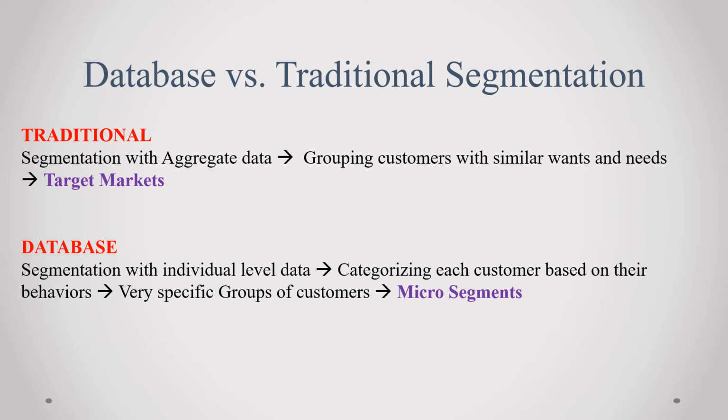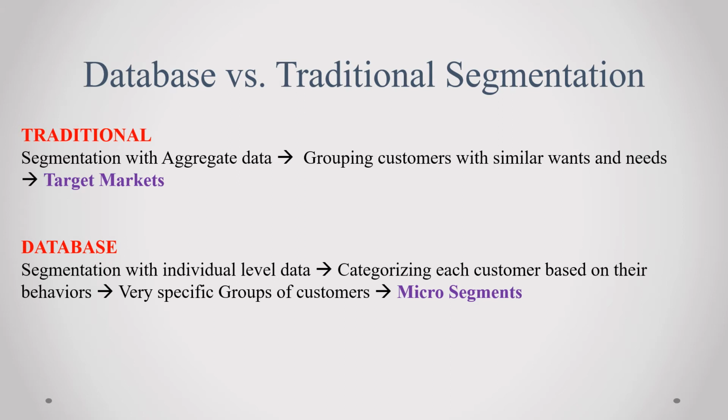With database marketing, we have different kinds of data, and so the approach changes. First off, when we go to segment in database, we are dealing with individual level data. And that individual level data with a database includes purchase history data. And so I then will take that data and categorize each customer into a group based on their behaviors rather than their wants and needs or their demographics or their attitudes.